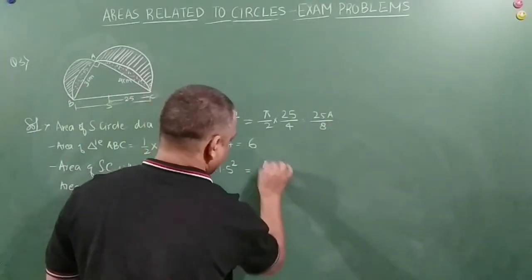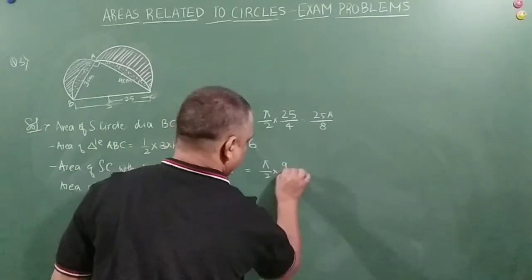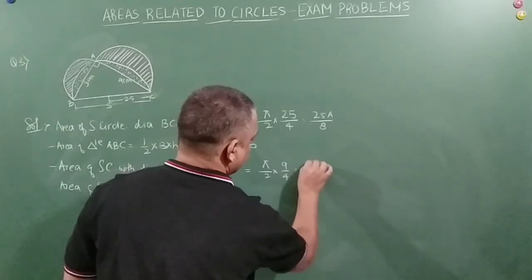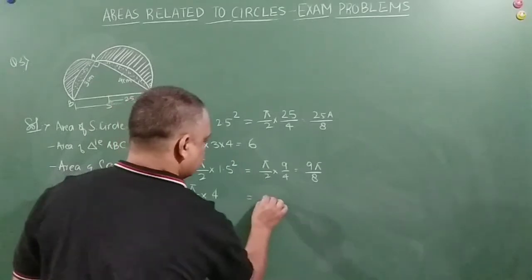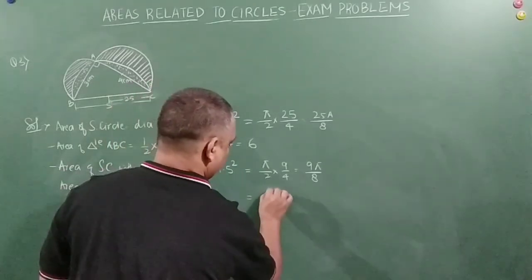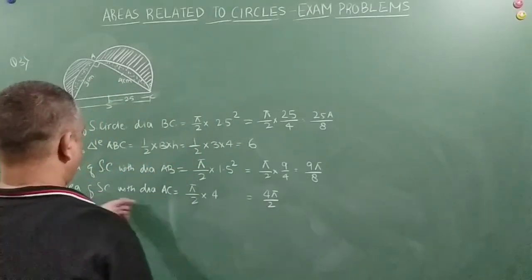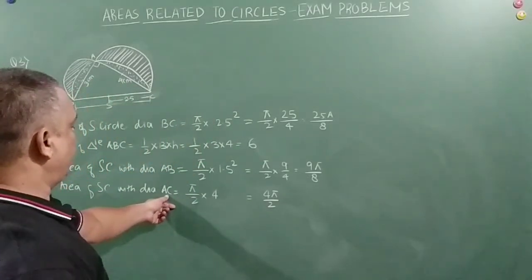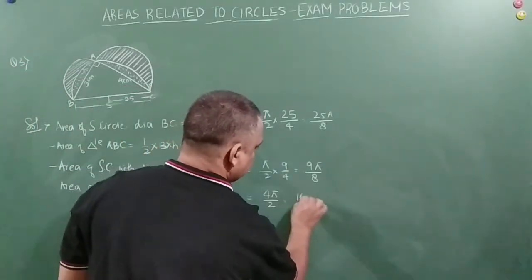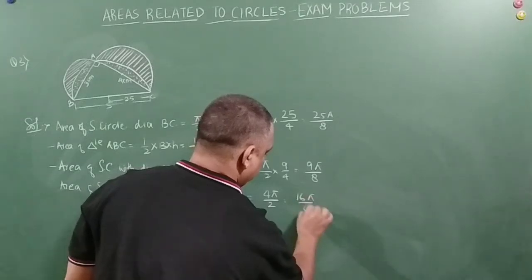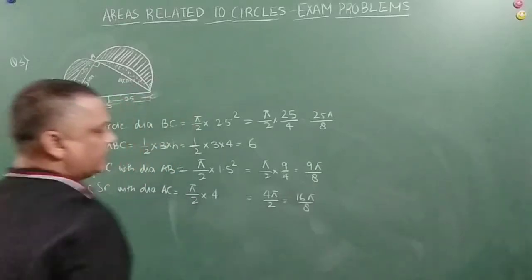Pi by 2 into 3 by 2 into 3 by 2, that is equal to 9 by 4, that is equal to 9 pi by 8, and this is equal to 4 pi by 2. Area of semicircle with diameter AC, pi r square, which can be written as 16 pi by 8. No problem, right? I am just making the denominator common here, friends, right?